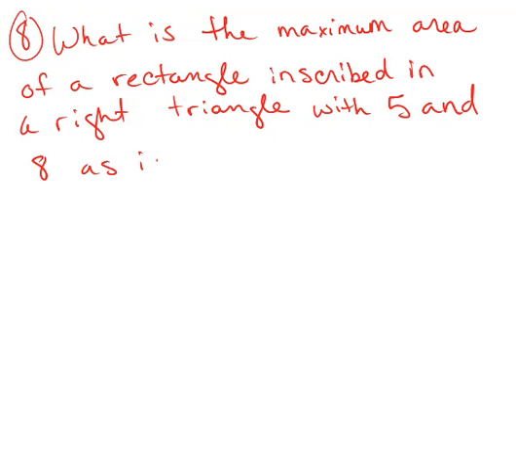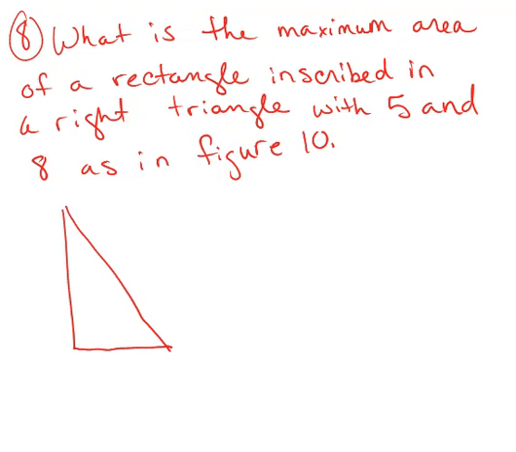As in figure 10, I don't really know if they mean that those are the legs of the triangle. They tell you the sides of the rectangle are parallel to the legs of the triangle, but they don't tell you exactly that those are the measures of the legs, but that is what I'm going to hypothesize. So I don't know if that's actually correct or not.